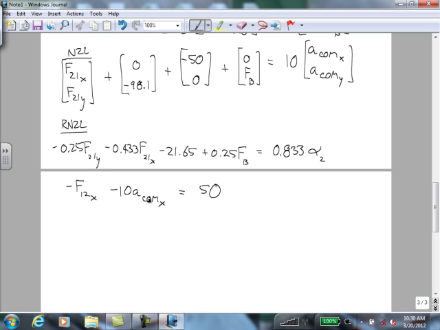Then the second one says negative F12y plus FB minus 10 times the acceleration of the center of mass y is equal to positive 98.1.